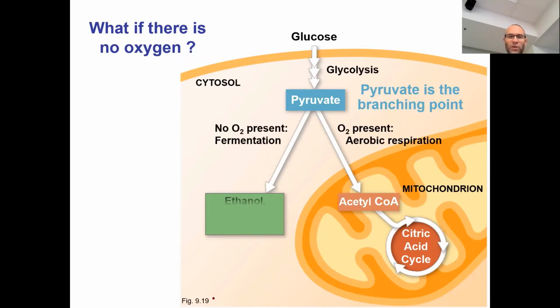If we don't have oxygen, then we're going to make some other products, some fermentation products, and that just depends on what kind of organism you are. If you're a mammal, it's lactic acid. If you are certain types of microbes, it might be ethanol, and there's other possibilities as well. Of course, not all organisms have mitochondria, so they may not do the mitochondrial or the aerobic respiration route in general.